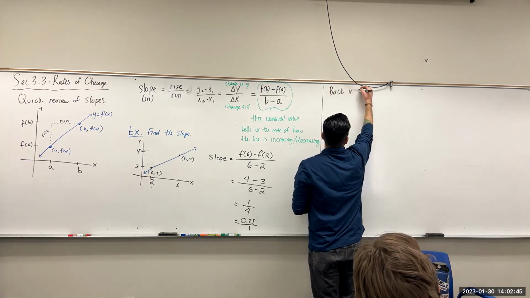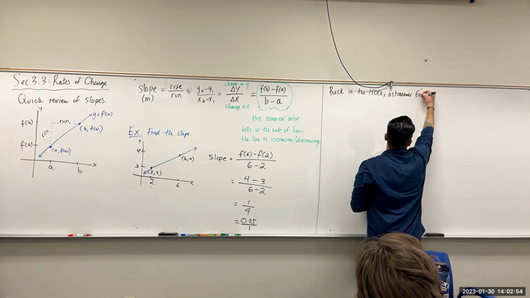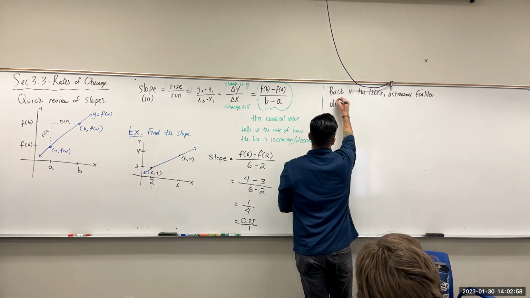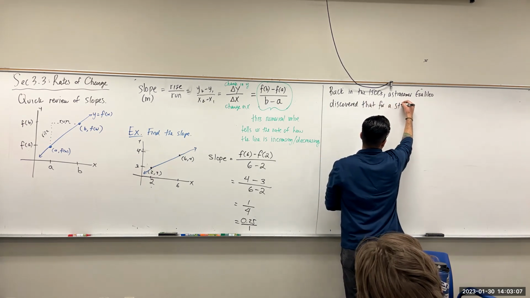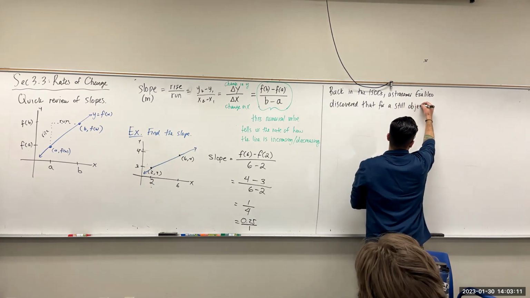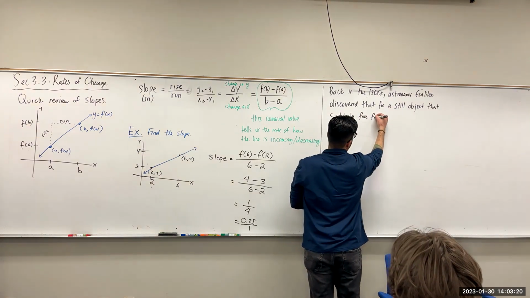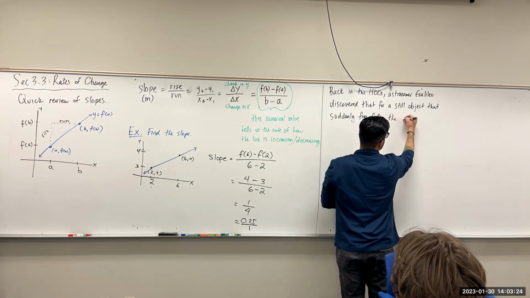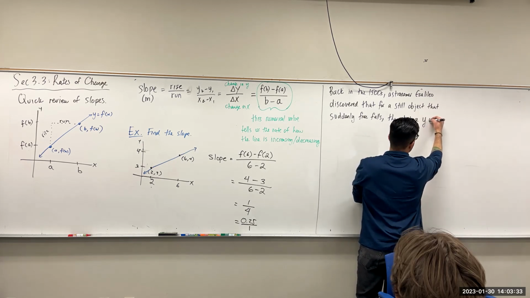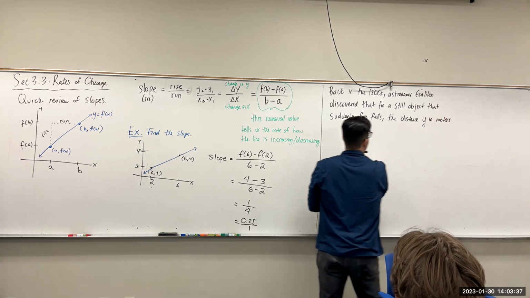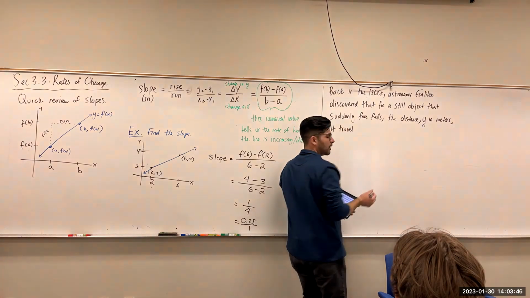So back in the 1500s, we have astronomer Galileo discovered that for a still object that suddenly free falls, the distance, comma, y in meters, it travels (does travel have one L or two L's?